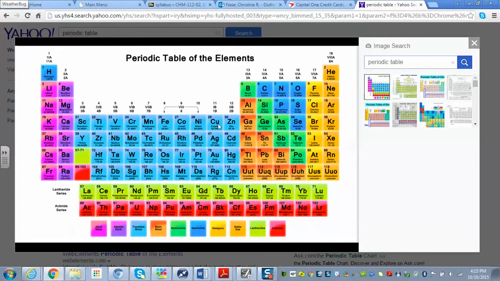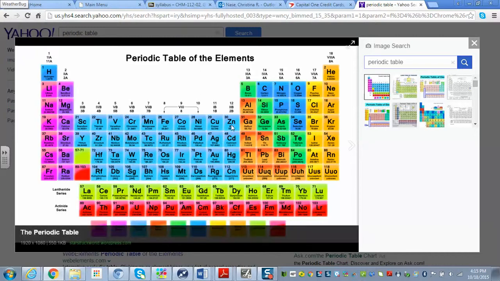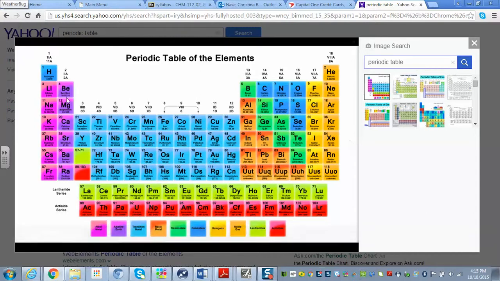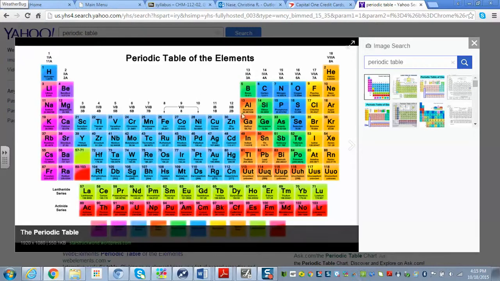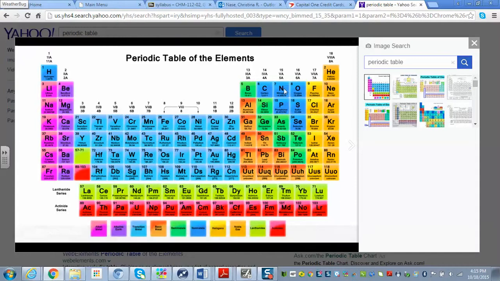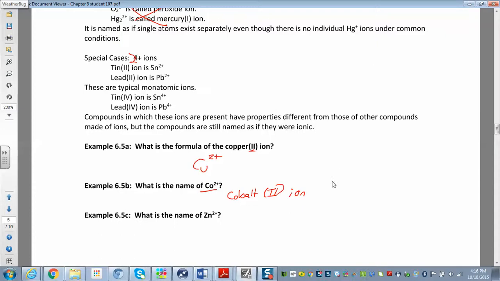It's a metal. Silver's +1, zinc is +2, aluminum's +3, nickel's also +2. But I'm not even going to make you memorize nickel. Just remember 1, 2, 1, 2, 3, and then -1, -2, -3. So cobalt is not one that has a fixed charge. That's why we have to indicate that with parentheses with a II on there. Cobalt(II) ion.